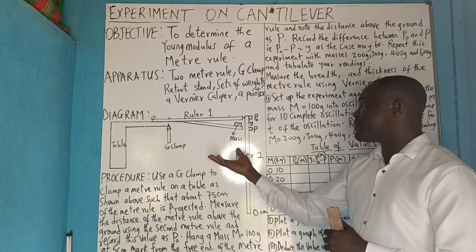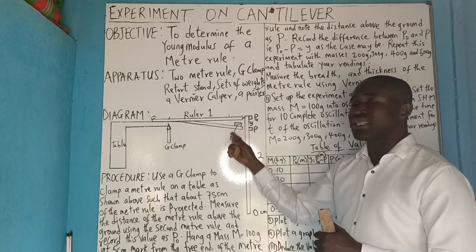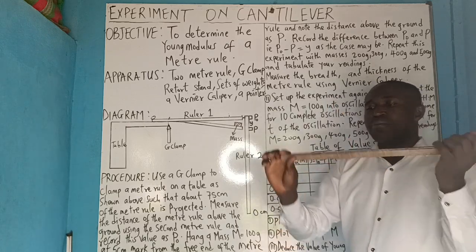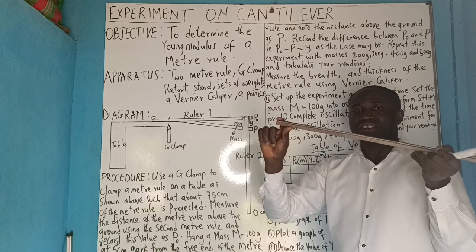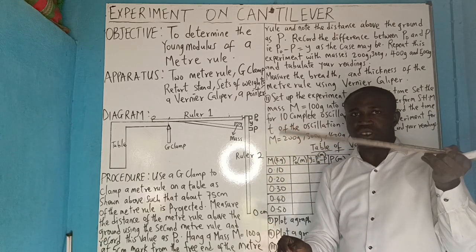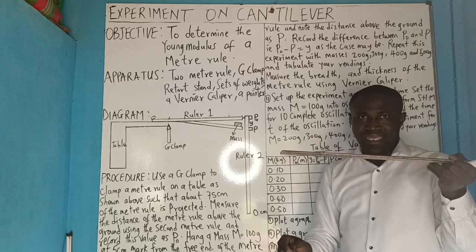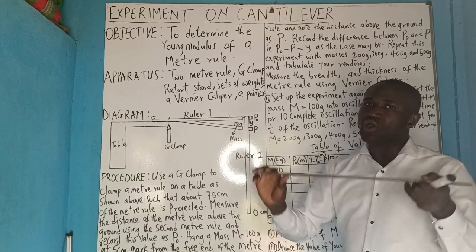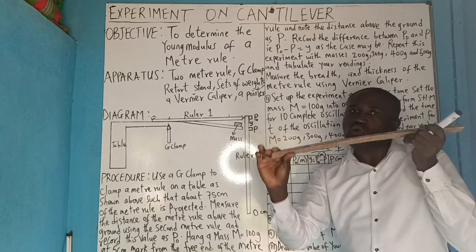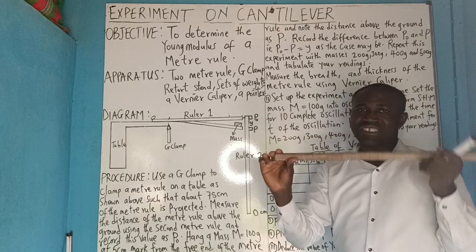So this experiment, applying the principle of bending, is this. Then applying the principle of oscillation means that this meter rule will oscillate. It will just be moving up and down. It depends on how you stretch it. If you stretch it too high, it will move as fast as possible.